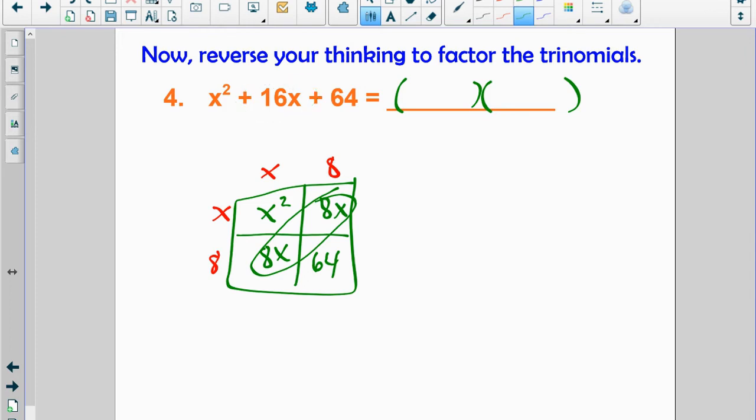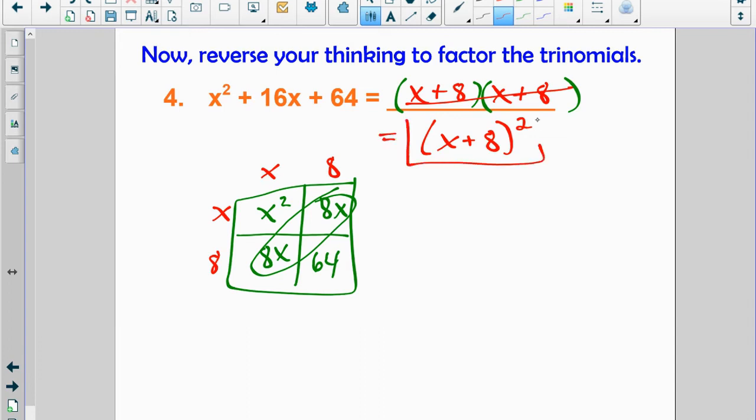So I have my pattern here that develops. It's x plus 8 times x plus 8. But really, since I have one binomial times another binomial that's the exact same, I can write this as x plus 8 quantity squared, because anything multiplied by itself is squared.